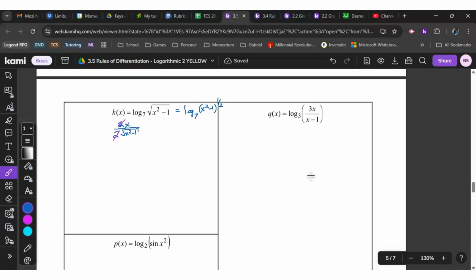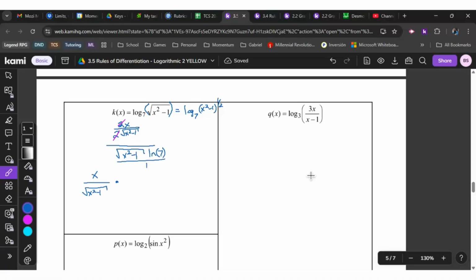Amazing. But that's only the numerator. Now it's all over this original argument inside. So the square root of x squared minus 1. Why? Because it's always over the original argument that's inside the logarithm, right? Times ln of 7. Now, this is where, of course, we've got a fraction of a fraction. So we're going to change that, and we're going to rewrite it as keep, change, flip.